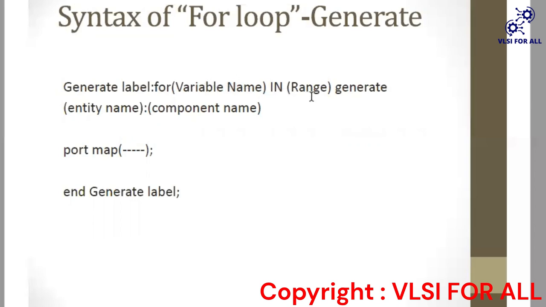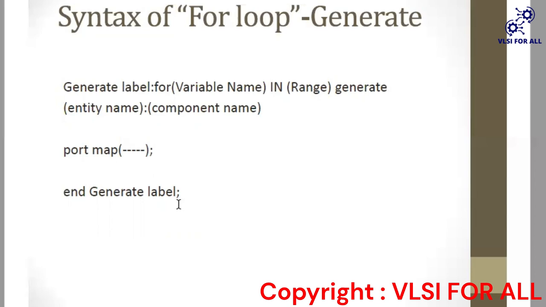And the range is how many times you want to run the loop. After that, the generate keyword, then the entity name of the generate statement, like of the bigger module, and the component name. The component name means which component you want to replicate. And after that, port map, and at last we will enter the generate label.